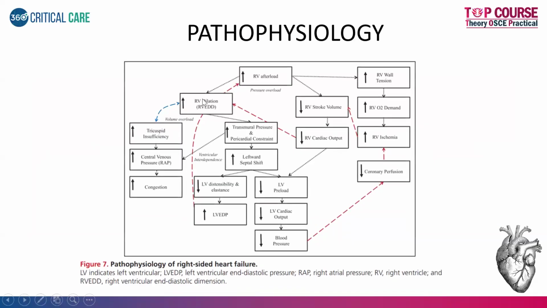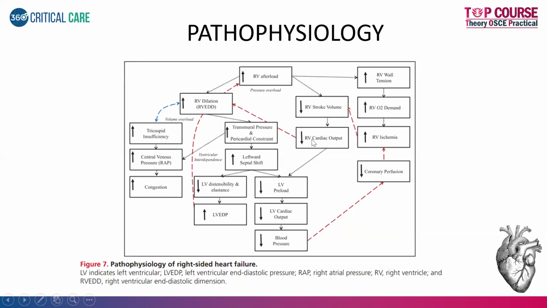Because of the right ventricular dilation, there can be two things which can happen. When RV gets dilated, there is tricuspid insufficiency and increase in the right atrial pressure, which can cause congestion in the systemic circulation. Similarly, because the RV afterload is also increased, probably due to a pulmonary pathology, there is decrease in RV stroke volume and decrease in RV cardiac output.